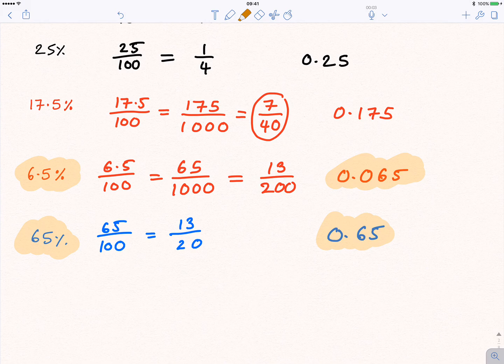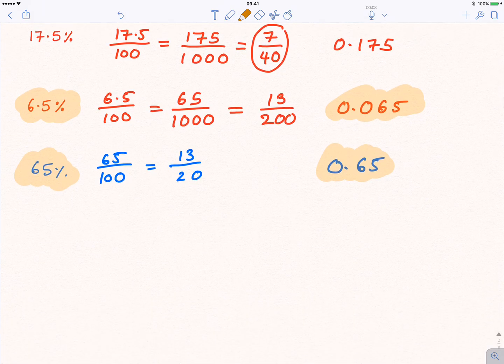So a clear difference there. Please don't make this mistake. On many occasions I have seen students write 6.5% as 0.65. 0.65 is 65%, 6.5% is 0.065.